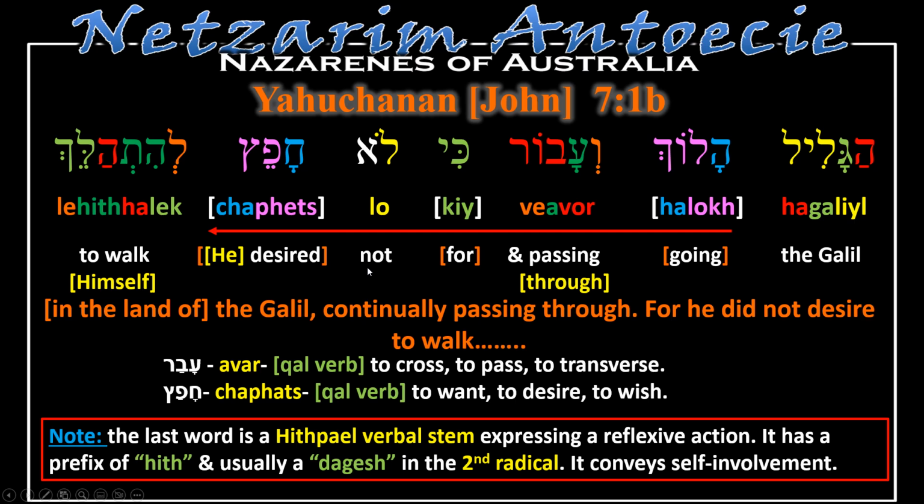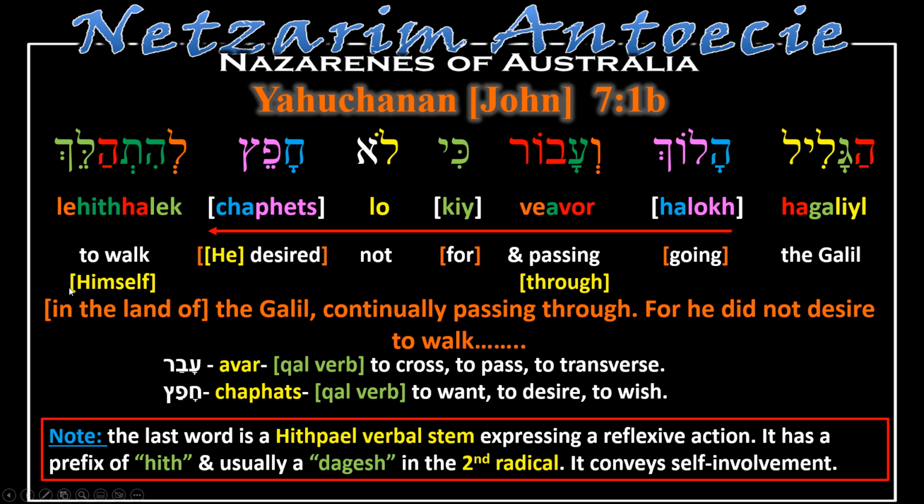Ki, for, lo, not, chafetz, he desired. Now if we look down here, chafetz is a cal verb to want, to desire, to wish. And then we have the last one, lehit ha-lek, to walk.